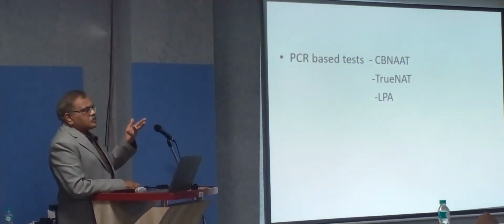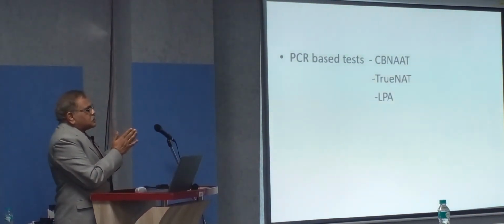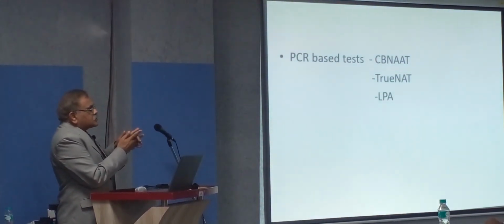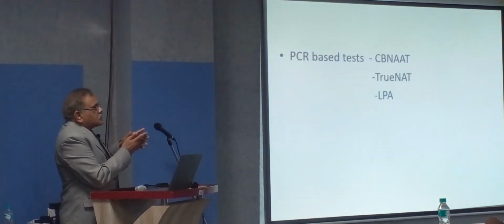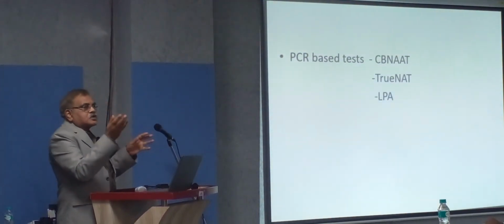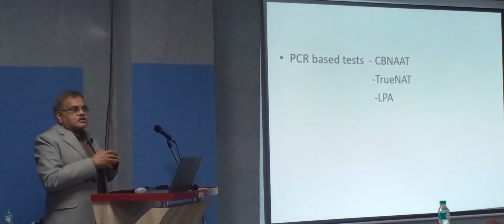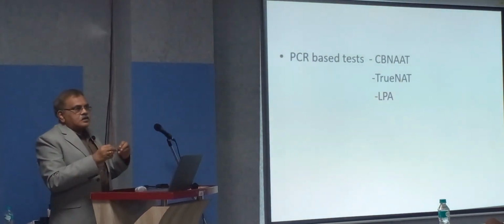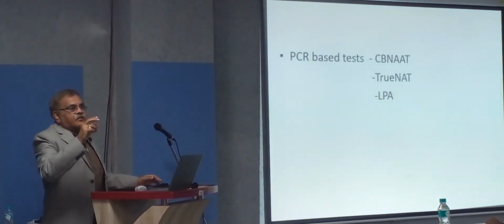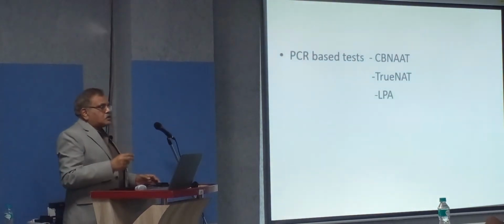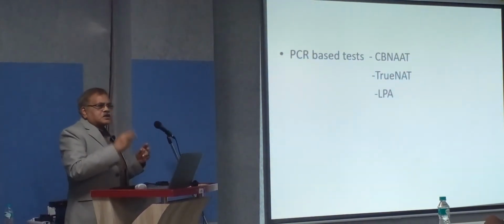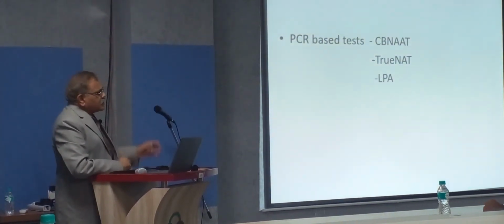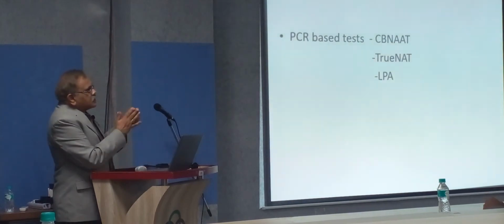PCR, all of you must know that the DNA is heated and separated, which is called denaturation. Then primers are added to it. The primers are already added in the cartridge, in a closed system. Two primers with the codons and everything are all in one cartridge, and the DNA separates.